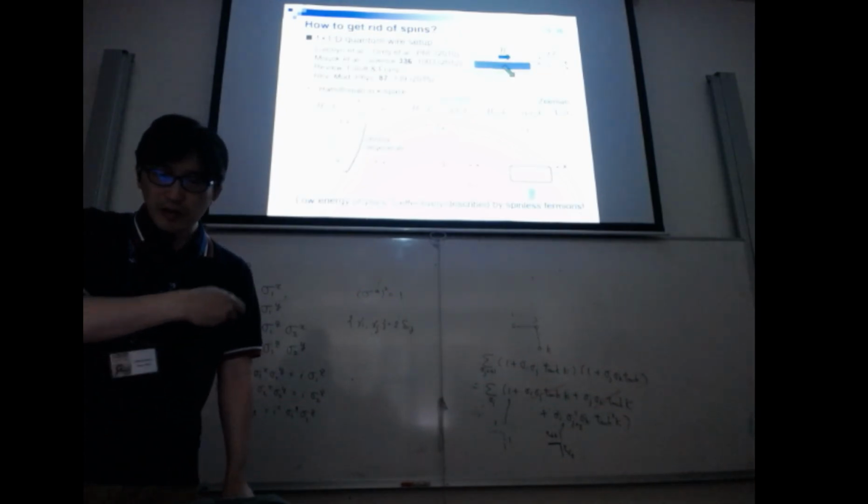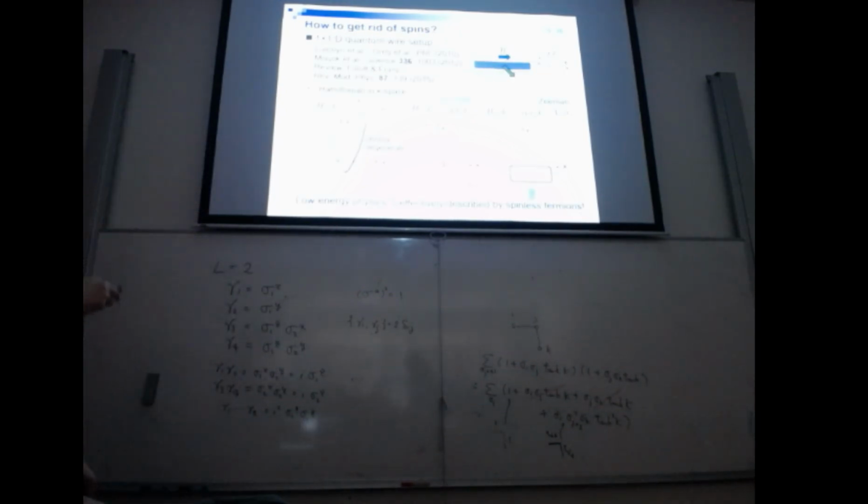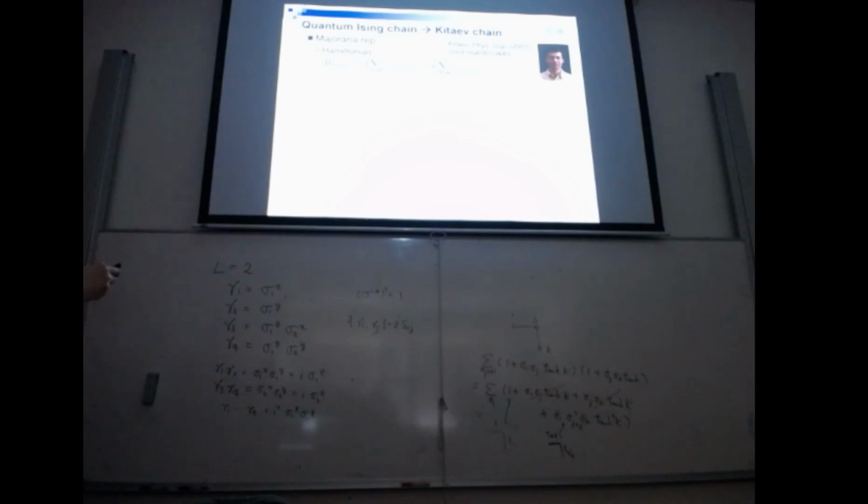But okay, now let me go back to the Ising models. And here's the Majorana expression for the Ising model. As I said, you can express Majorana fermions in terms of spins. But you can do it the other way around. You can express spin operators in terms of Majorana fermions.